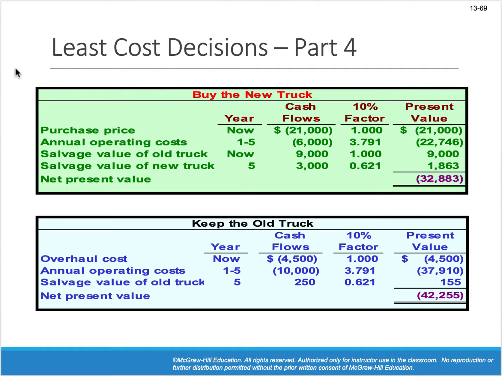For us to buy a new truck, the net present value is $32,883. The net present value for us to overhaul the truck is $42,255. So right now we have a decision where we're gonna buy a truck or overhaul a truck.